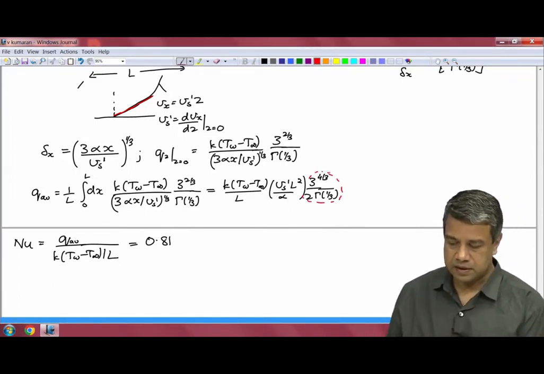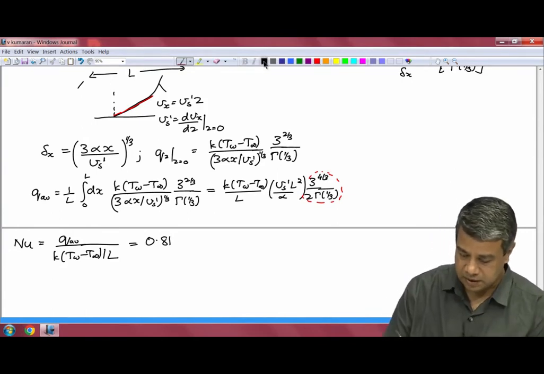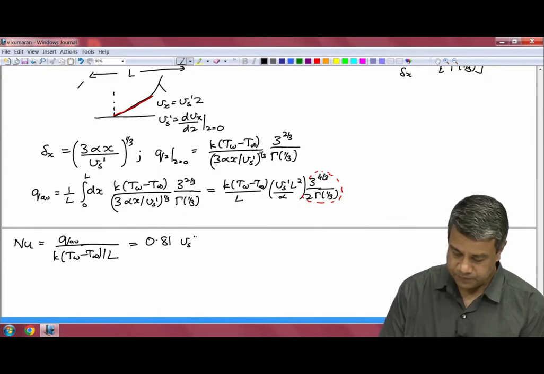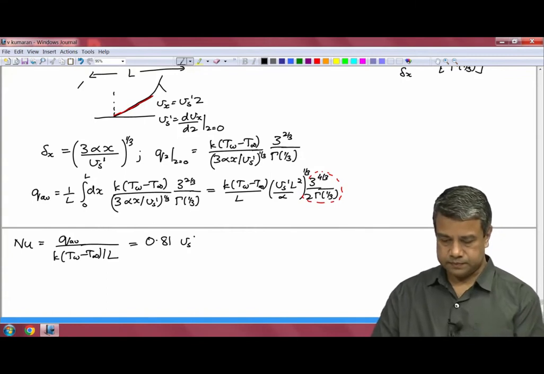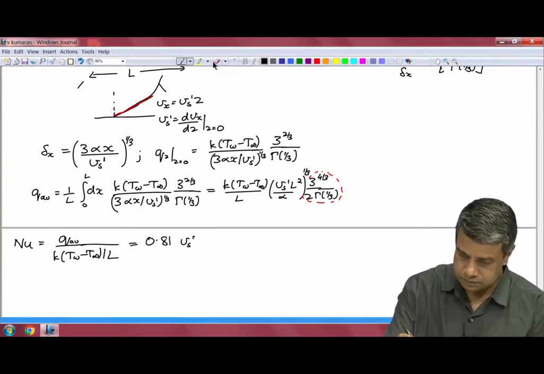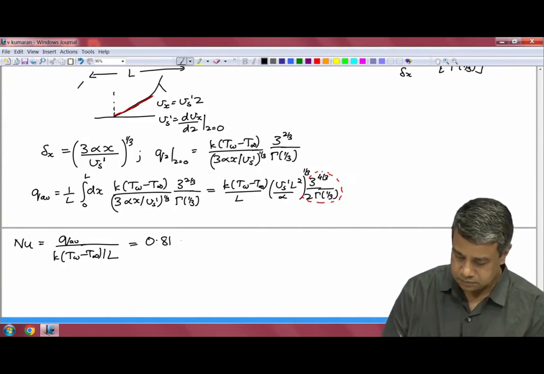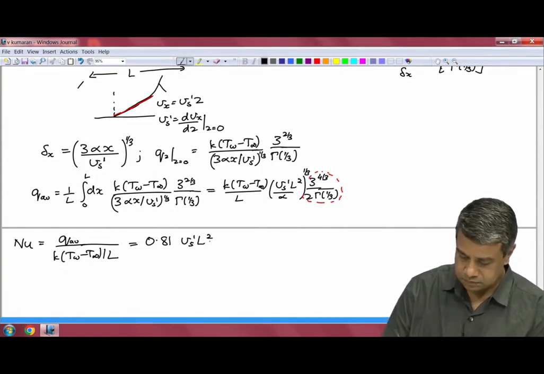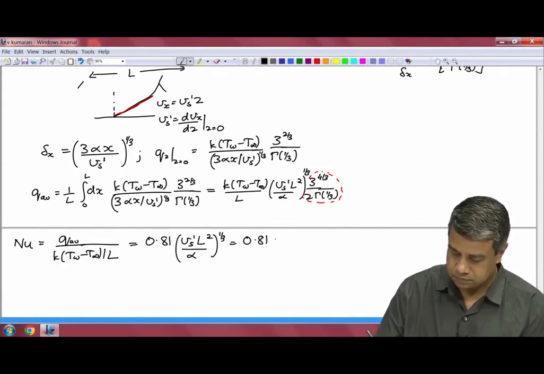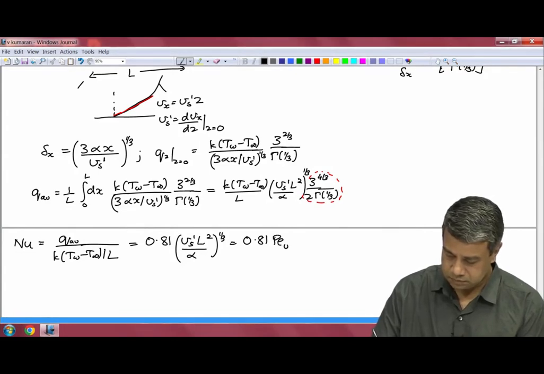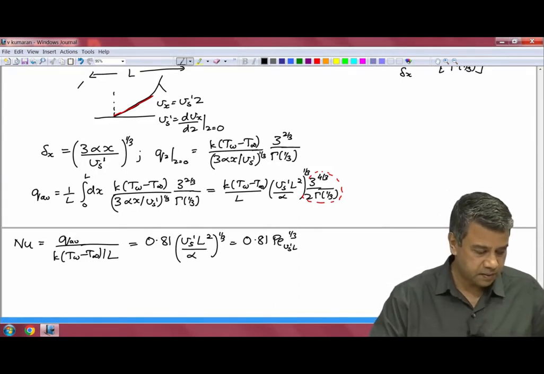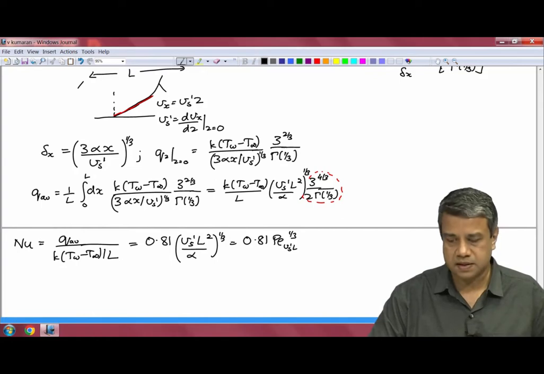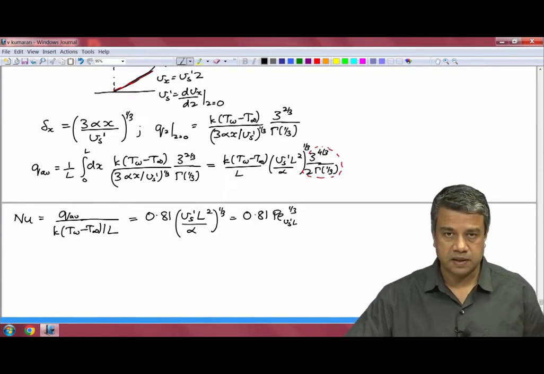If you evaluate these constants, you get a value of about 0.81 into Vs, sorry, there should be a factor of 1/3 here. So it is basically the Peclet number based upon Vs prime and L to the power of 1/3. That is the expression for the correlation for the Peclet number.